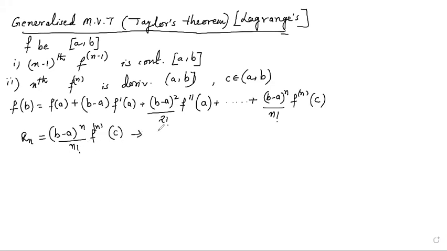This is known as a remainder, or, since we are doing the Lagrange's case, I can specify it as Lagrange's form of remainder after n terms.